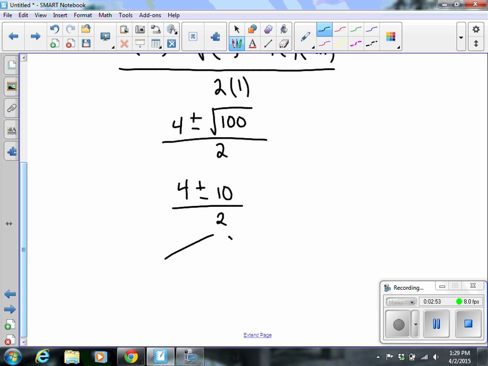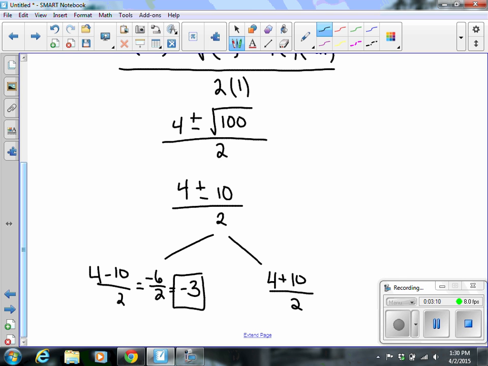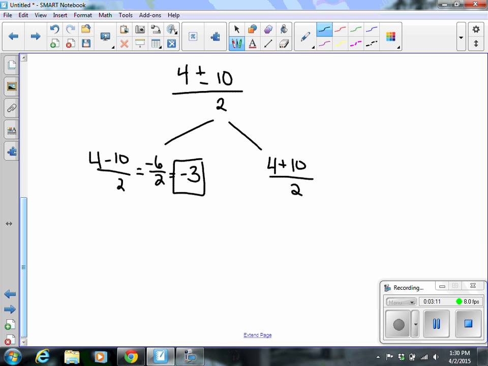So I'm going to split this now into 4 minus 10 all over 2 and 4 plus 10 all over 2. Well, 4 minus 10 gives me negative 6 over 2, which reduces down to negative 3. On the right side, I have 14 over 2, which reduces down to 7.